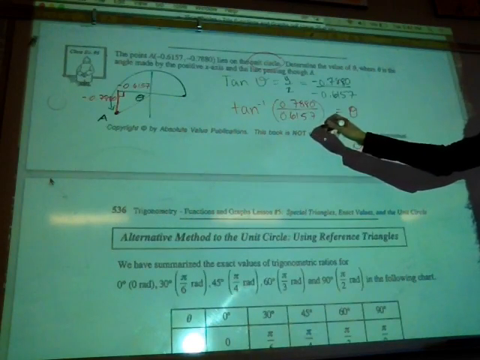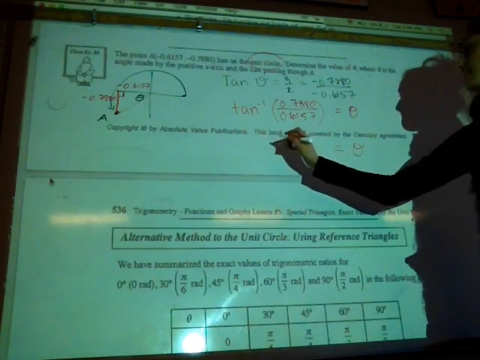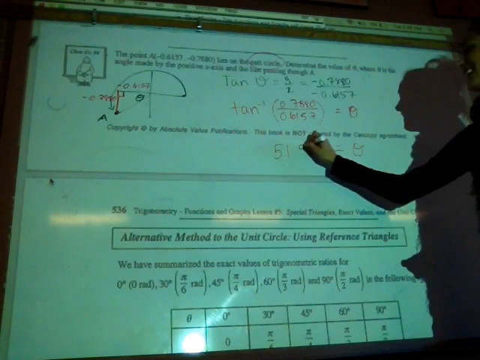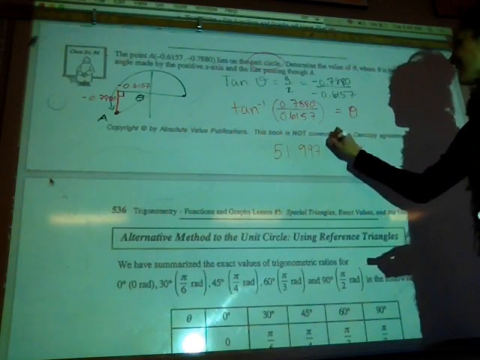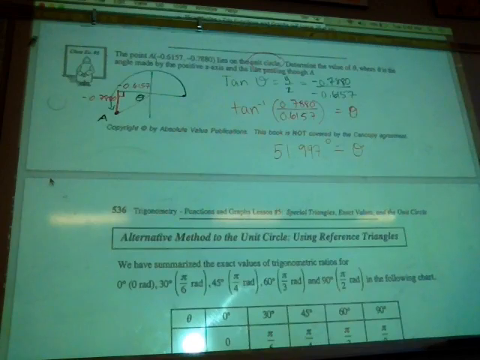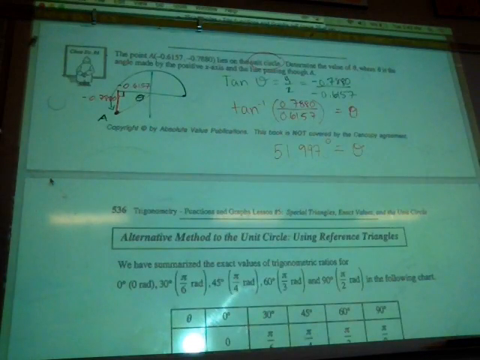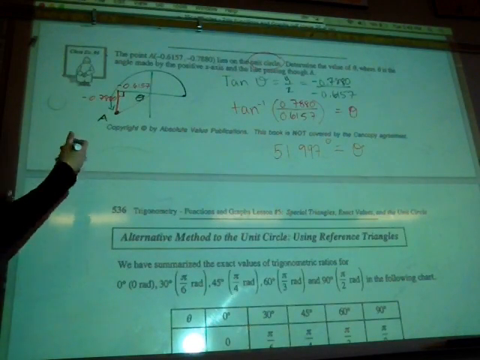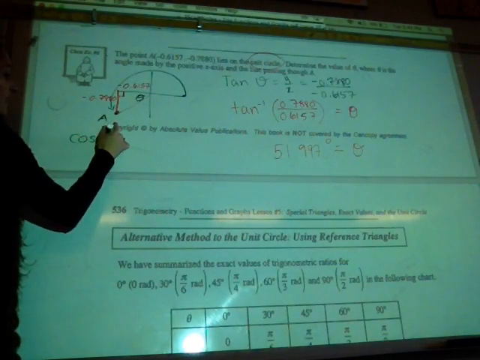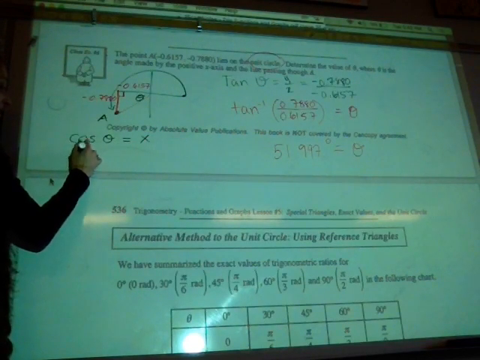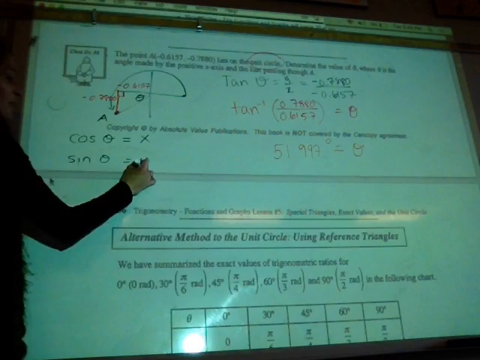Okay, what did you guys get for the angle? 52. Without rounding? 51.997. Okay, so that's how many degrees we got. Now what Booker was saying, instead of calculating tan, could we use cosine or sine? And yeah, we could. So we know that cosine theta will equal the x-coordinate, and sine theta will equal the y-coordinate.